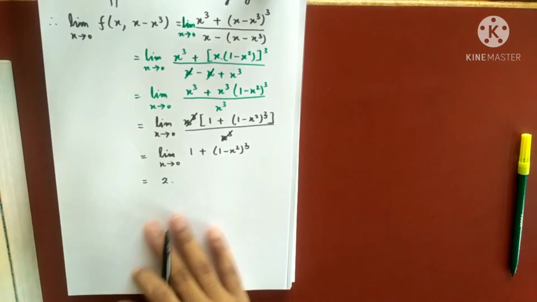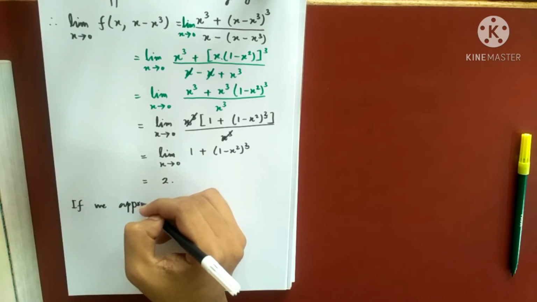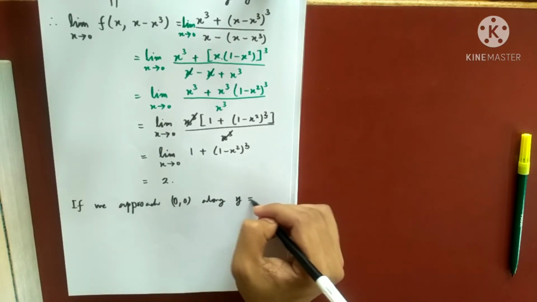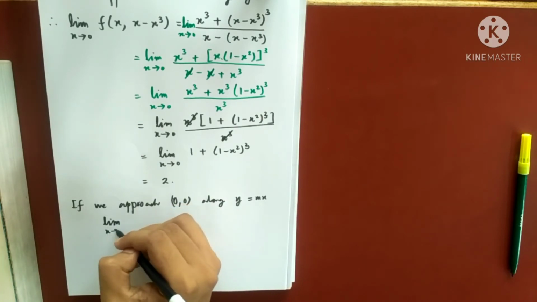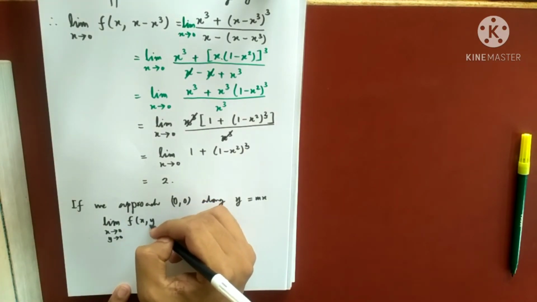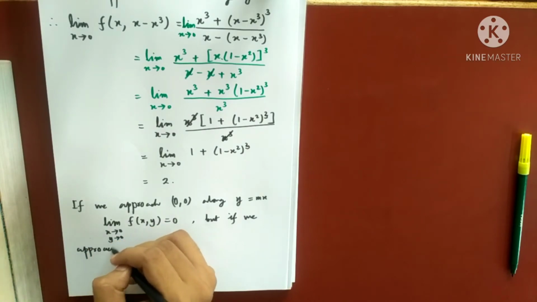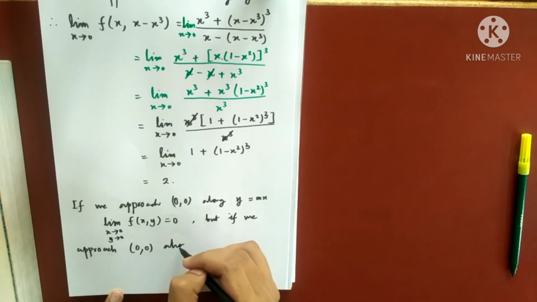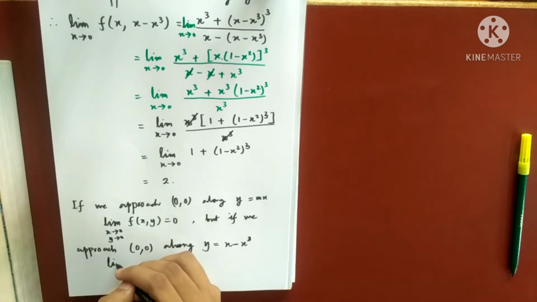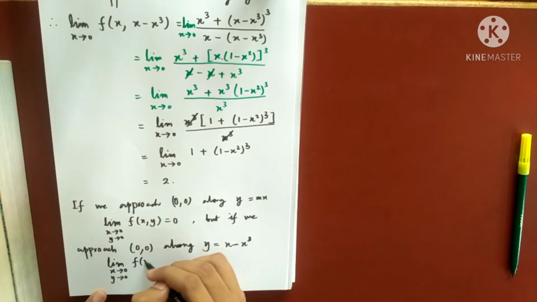Right. Okay. So you can just conclude like this. If we approach 0, 0 along this line, y equals mx, what I was getting the limit to be, limit x tends to 0, y tends to 0, was going to be 0, but if we approach 0, 0 along this nice curve y equals x minus x cube, this limit x tends to 0, y tends to 0, f of x comma y is actually 2.